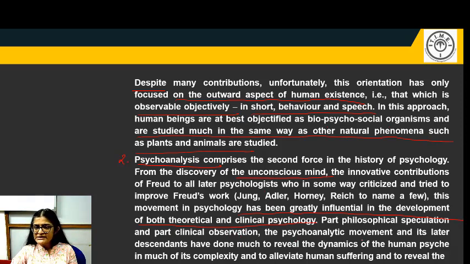The psychoanalytic movement and its later descendants, later forms which were inspired by psychoanalysis, have done much to reveal the dynamics of the human psyche. So psychoanalysis has helped us to understand the working of the human mind. Dynamics is the working or the various changes of the human psyche.